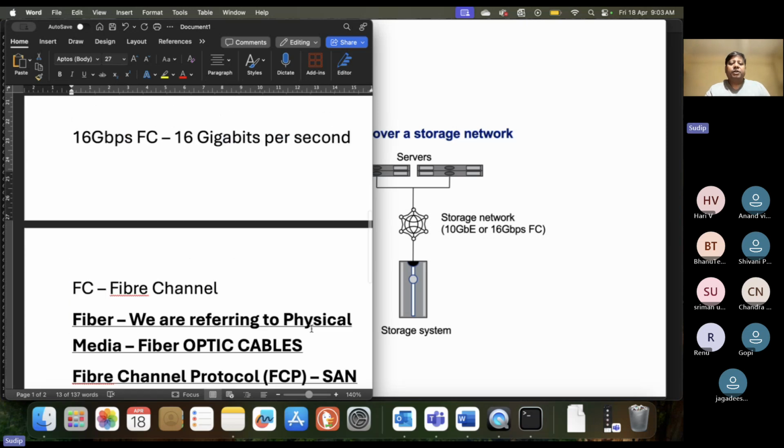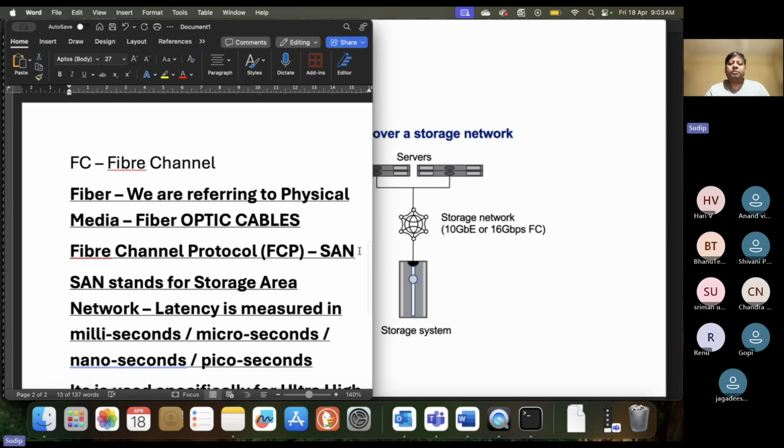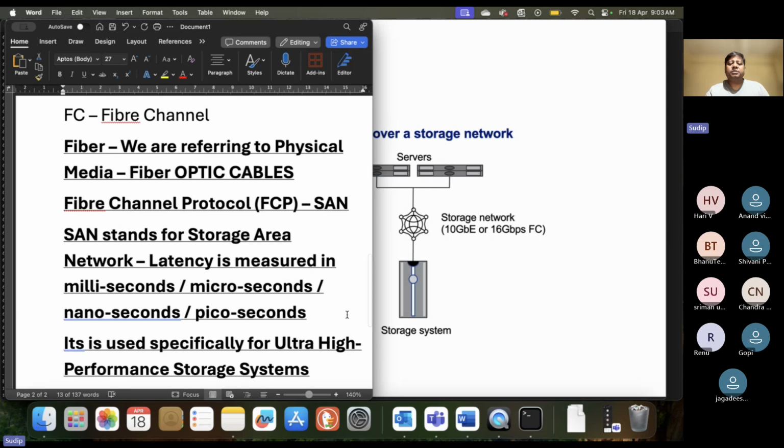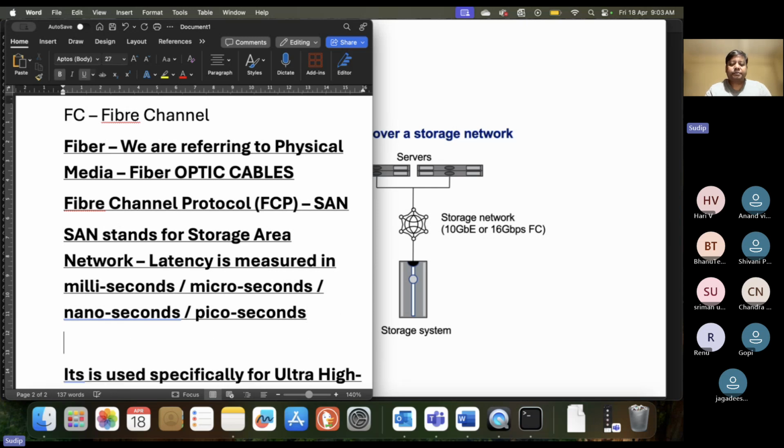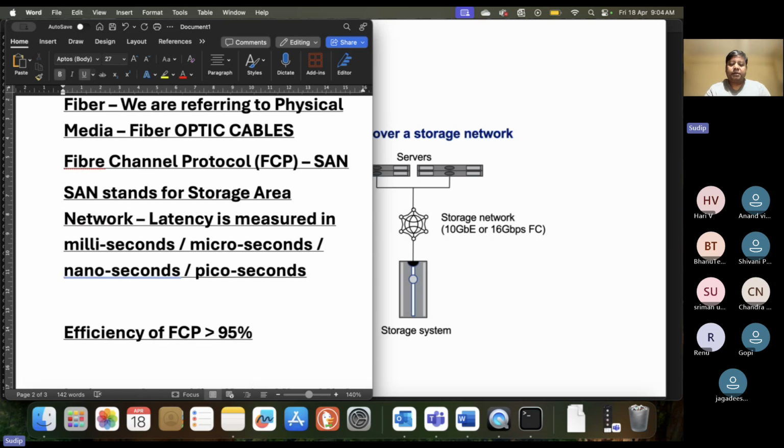Whereas when you come to the fiber channel protocol, which is used to build ultra high performance storage systems, here the efficiency of the fiber channel protocol is greater than 95%. Why?